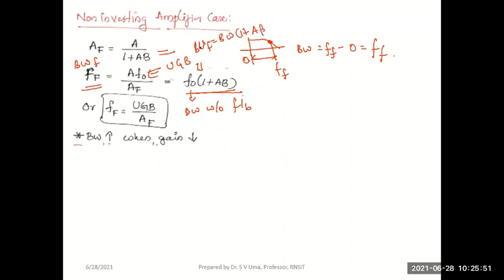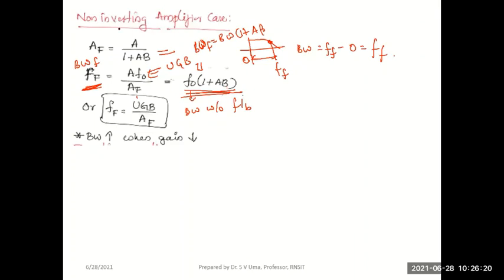Even if you write it like this, it is fine. So what you should remember, FF is nothing but unity gain bandwidth product divided by AF. Here you can see clearly this FF is the UGB divided by AF, which turns out to be of the value F0 into 1 plus A beta.